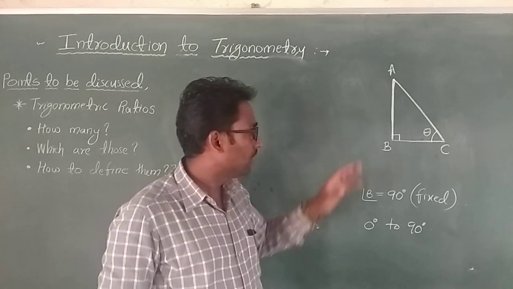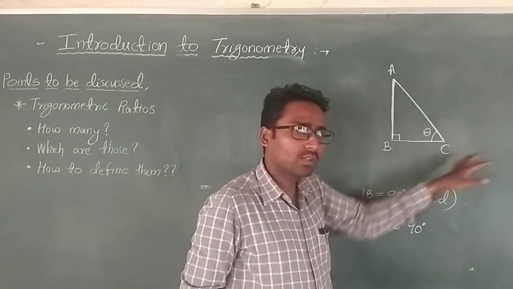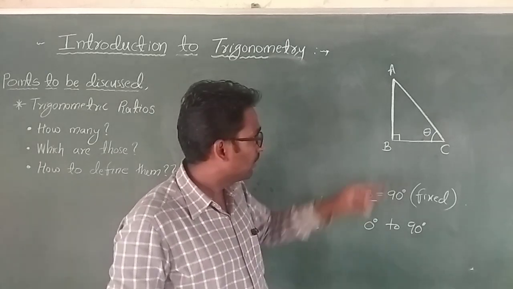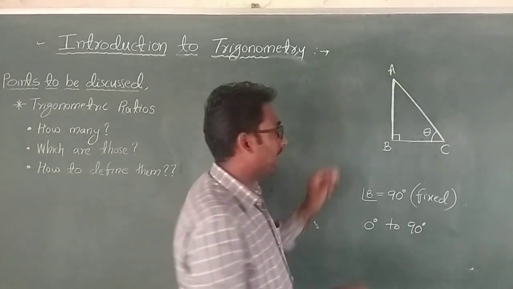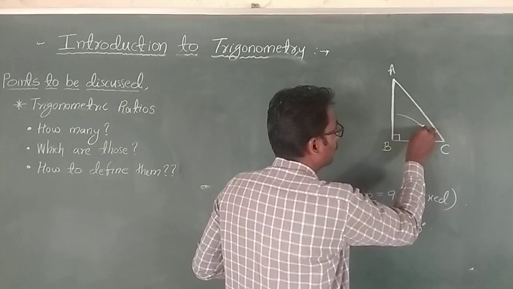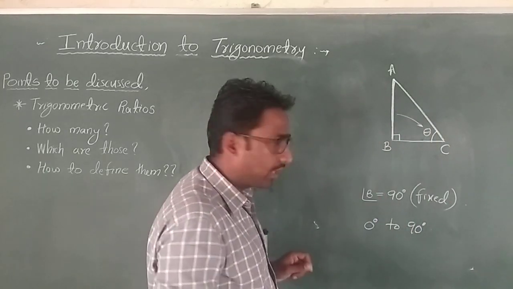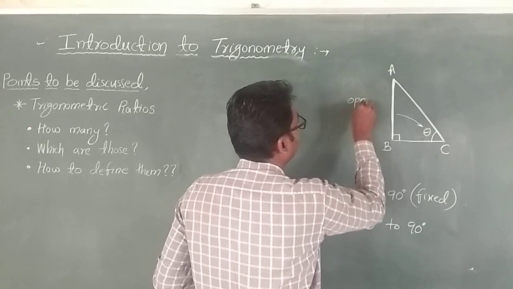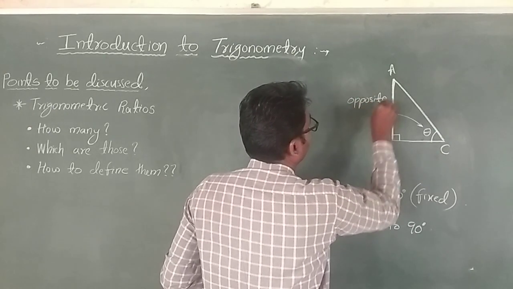Now students, observe the sides of the triangle carefully. If you look at them, AB is a side which is exactly opposite to theta. Hence, we call AB the opposite side.